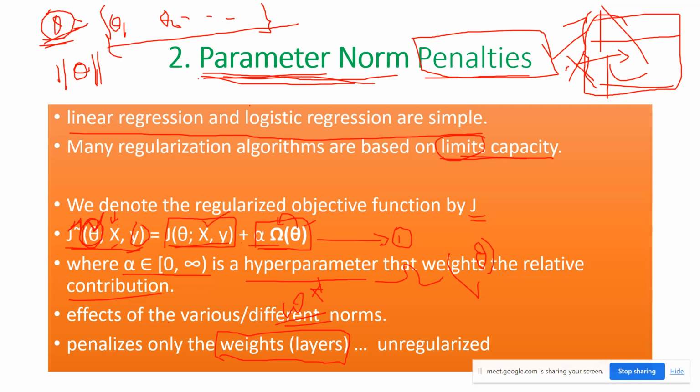If it has more error, then we are going to adjust and modify it, reducing the error by adding the norm penalty. Adding the parameter norm penalty is one of the regularization constraint strategies.